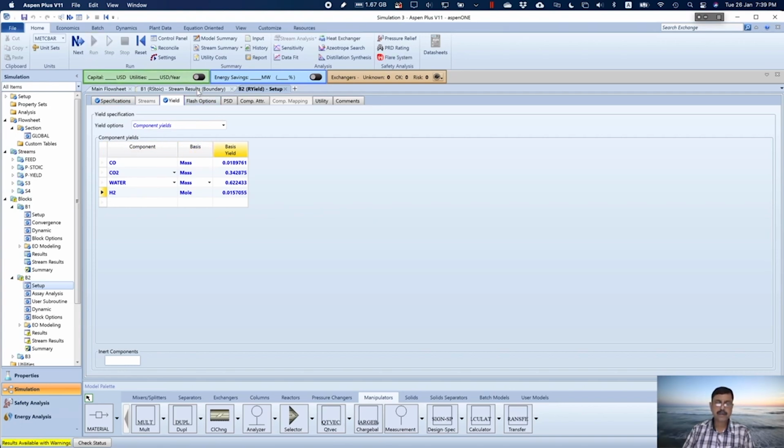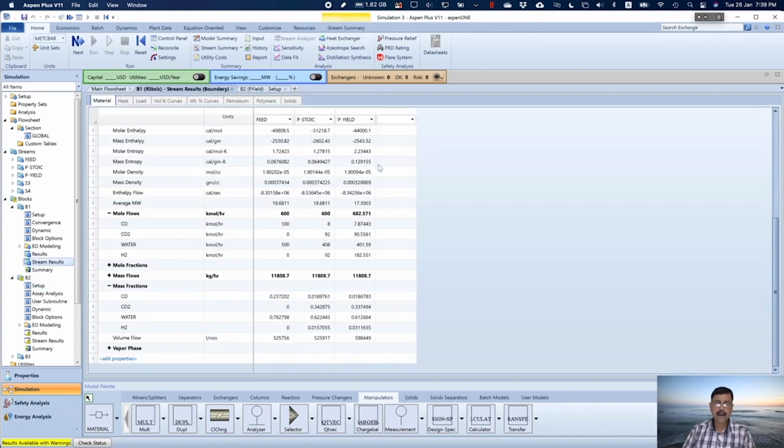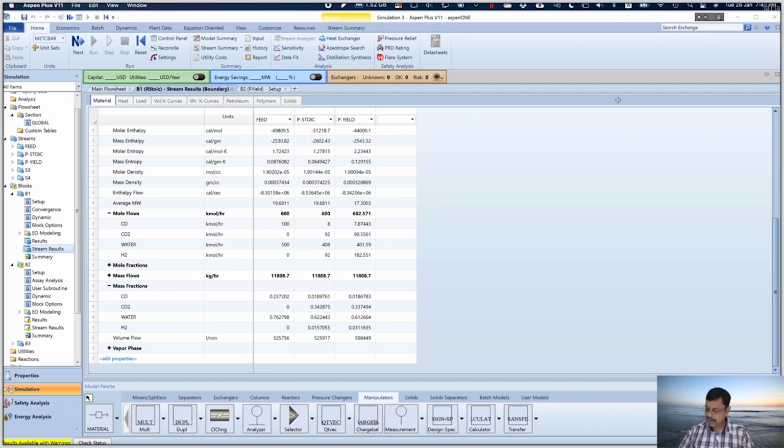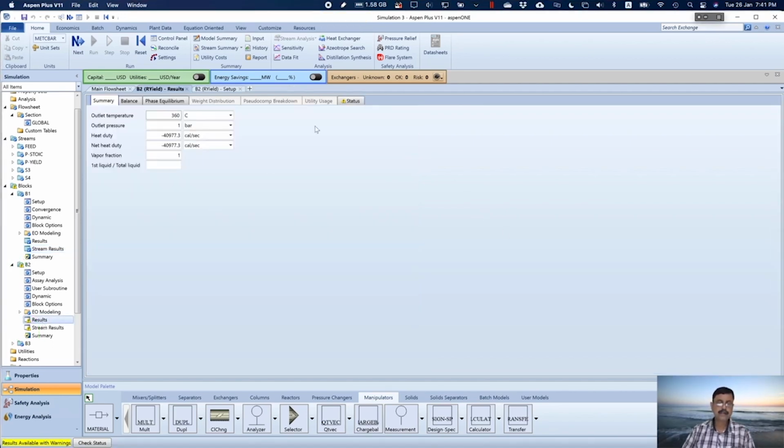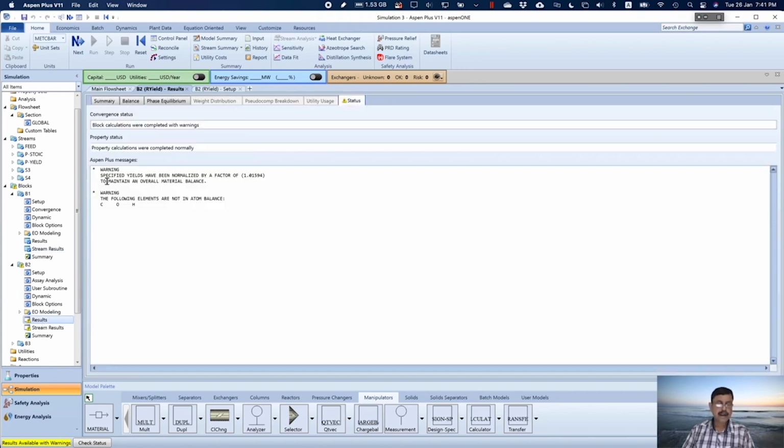Now we can check the result once again. So we can place P yield side by side with P stoic to compare the result. Here we can find that there are slight changes in the values. Here you will find certain warning messages, a sign of this nature. So we can further explore what they actually mean. For that, you go to the results and see status. Here it is said, specified yields have been normalized by a factor of this to maintain an overall material balance.